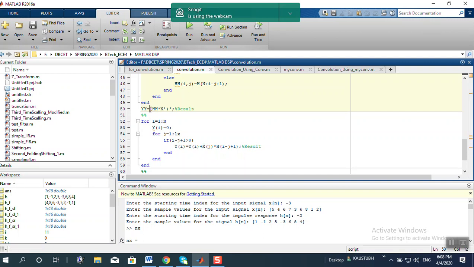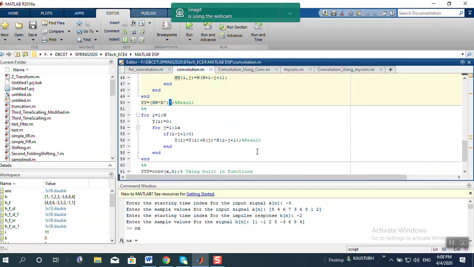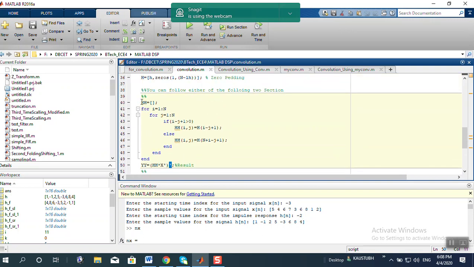It will become a column matrix, then finally again transpose. So this is using the matrix method.